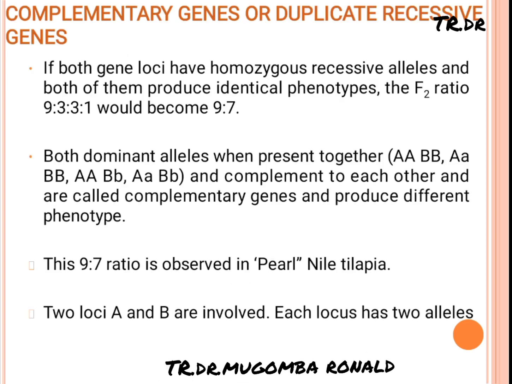Sometimes we have what we call complementary genes. Complementary genes, when present, allow the other genes to express themselves very well. You expect a 9:3:3:1 phenotypic ratio, but you end up with a 9:7 phenotypic ratio.